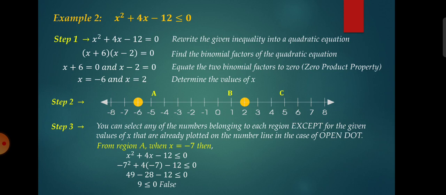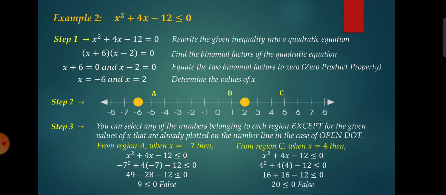So region A is false. So possibly its counterpart, region C, is also false. Let us check. From region C, the chosen value of x is 4. So when 4 is substituted into the inequality, that is 4 squared plus 4 times 4 minus 12 less than or equal to 0.